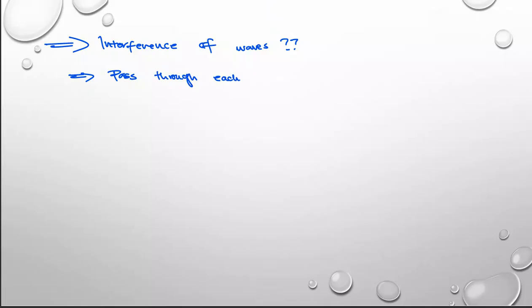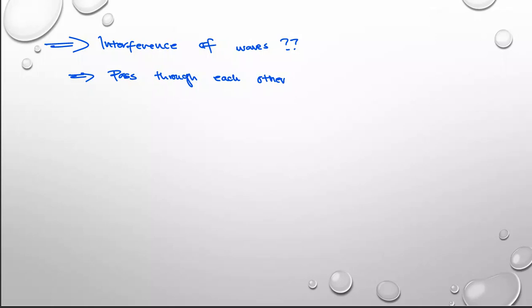They are not going to ask you how to define it. So when two or more waves pass through each other, what is going to happen? These two waves are going to meet. Interference of waves can occur in two types: destructive interference and constructive interference.